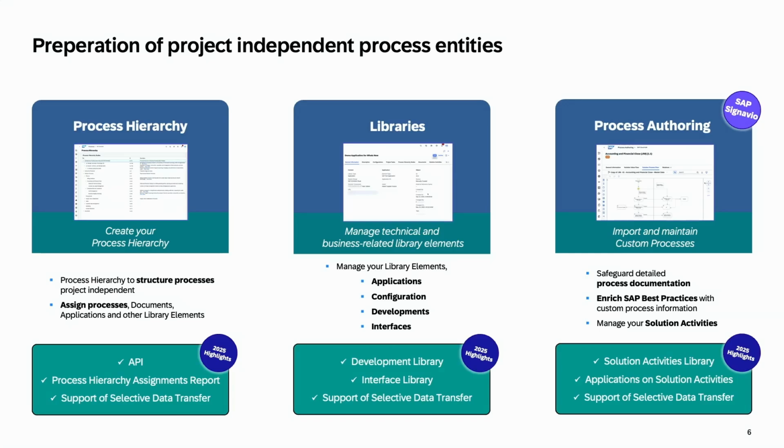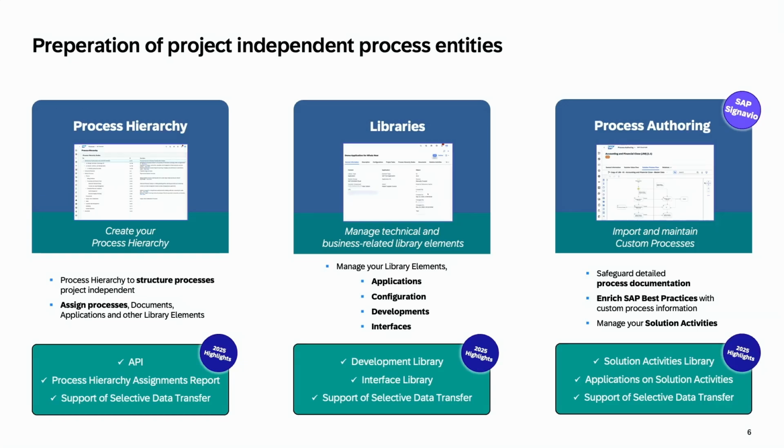So for process management in Cloud ALM, we have at the moment 6 different apps available. We have 3 apps for the process documentation, the project-independent apps, and 3 apps for the fit to standard workshops, the project-dependent apps. Let's start with the project-independent apps for the process documentation.